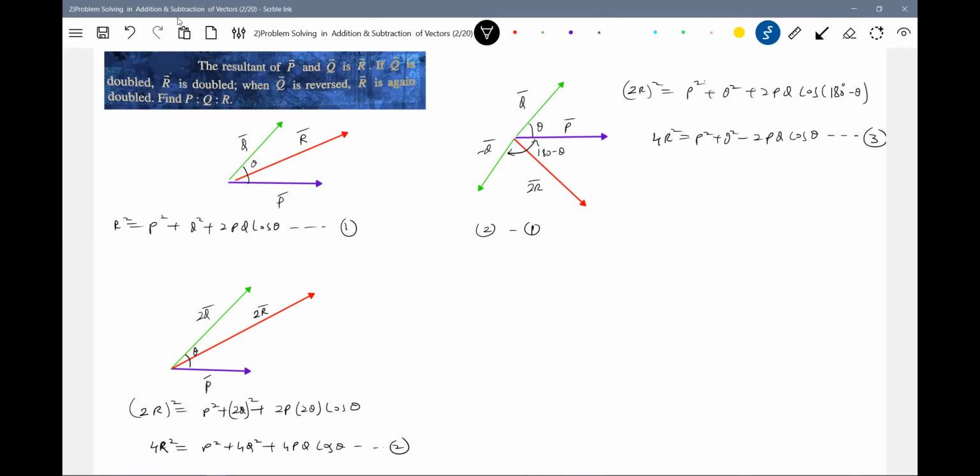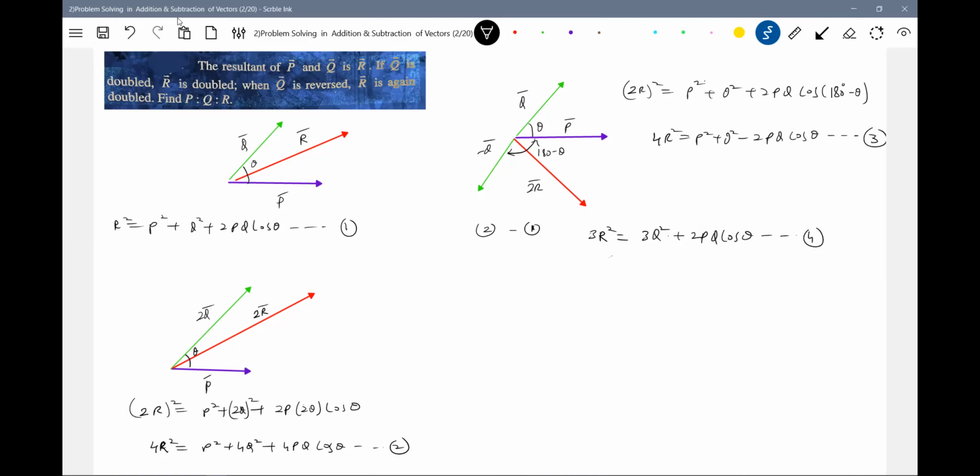When we do this operation, 4R square minus R square is 3R square, P square gets cancelled, 4Q square minus Q square is 3Q square, and 4PQ cos theta minus 2PQ cos theta, the difference, is 2PQ cos theta. Okay, now we have everything. So there's equation 4.